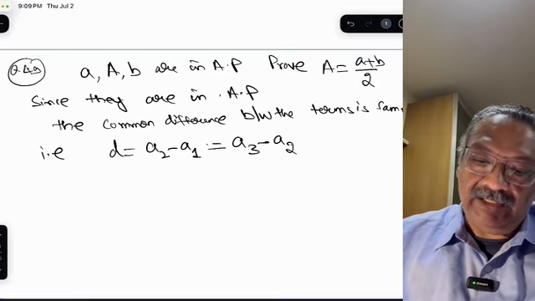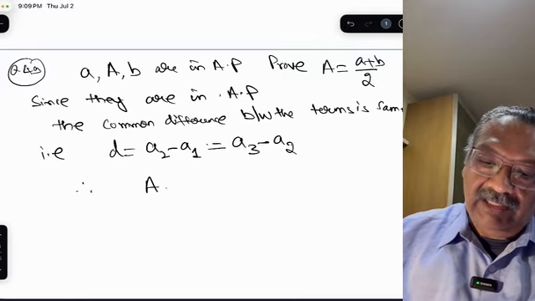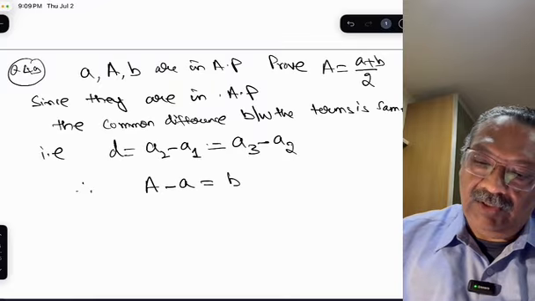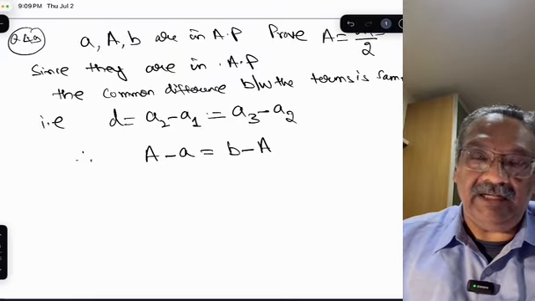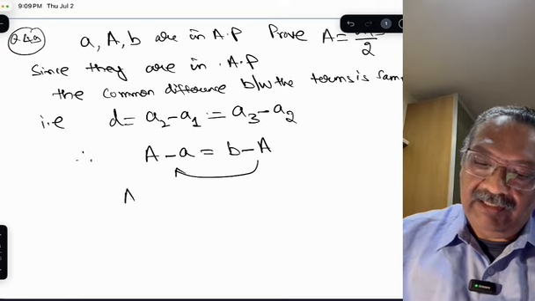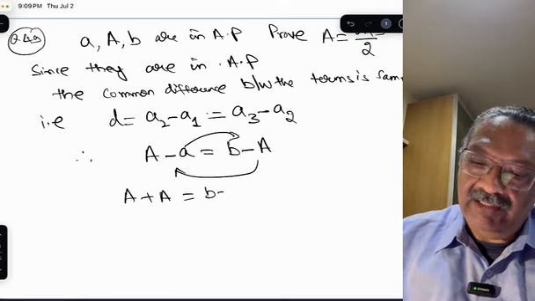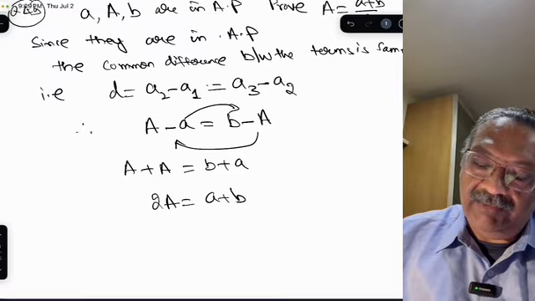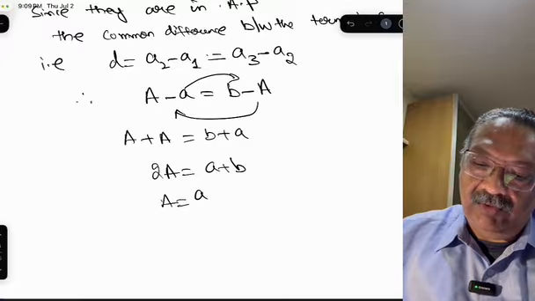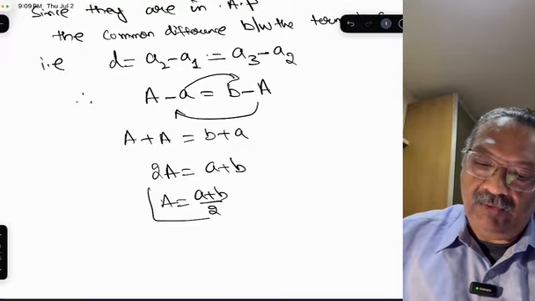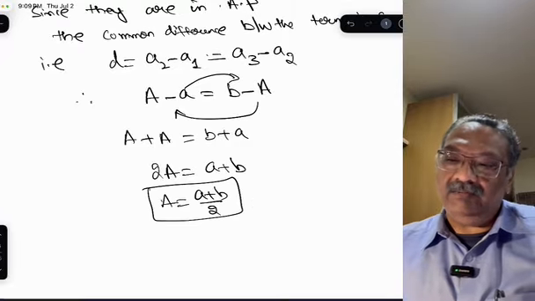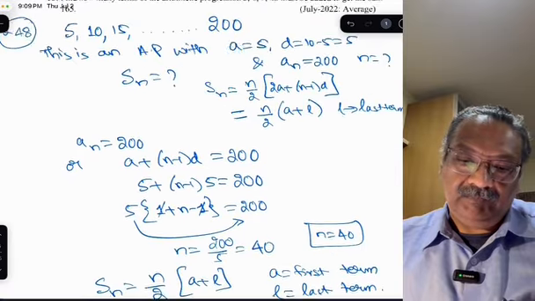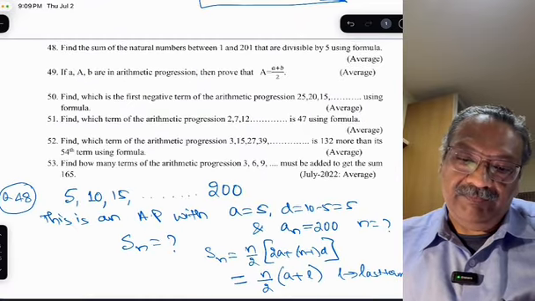So what is here a2? Therefore capital A minus a is equal to b minus capital A. Bringing capital A to this side, A plus A is equal to, this goes this side, b plus a. So 2A is equal to a plus b. So A is equal to a plus b by 2. So hence proved.